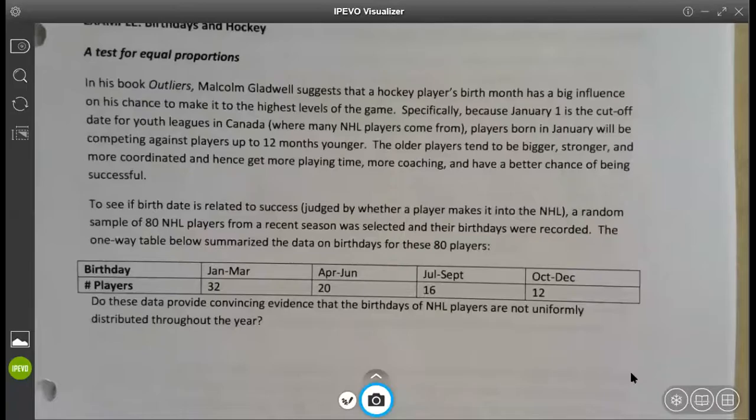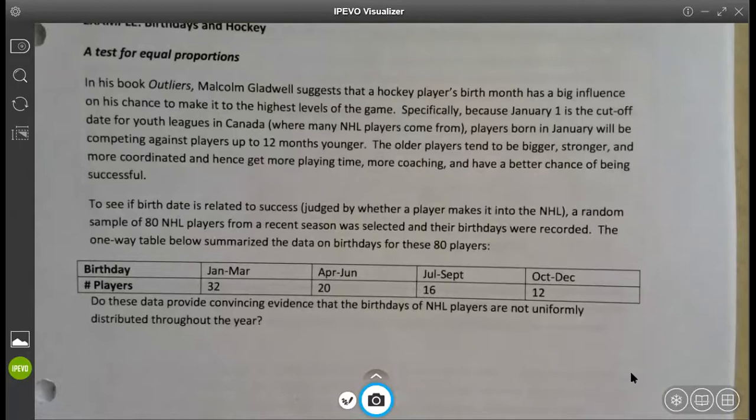Technology, yay. Okay. In his book, Outliers, Malcolm Gladwell suggests that a hockey player's birth month has a big influence on his chance to make it to the highest levels of the game, specifically because January 1st is the cutoff date for youth leagues in Canada, where many NHL players come from. Players born in January will be competing against players up to 12 months younger. The older players tend to be bigger, stronger, and more coordinated, and hence get more playing time, more coaching, and have a better chance of being successful.